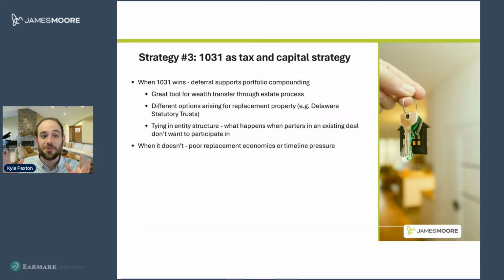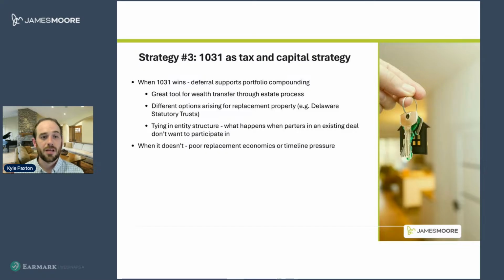I can't imagine what slow down looks like, but what tools might be available there? So in the current environment, we start thinking through and unpacking estate planning, which is big for our real estate professionals, and how we transfer wealth to the next generation.